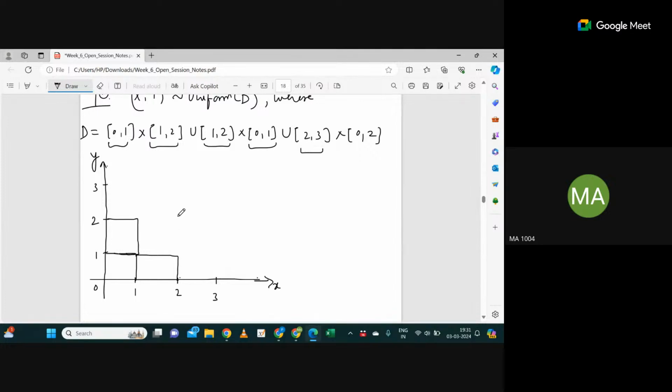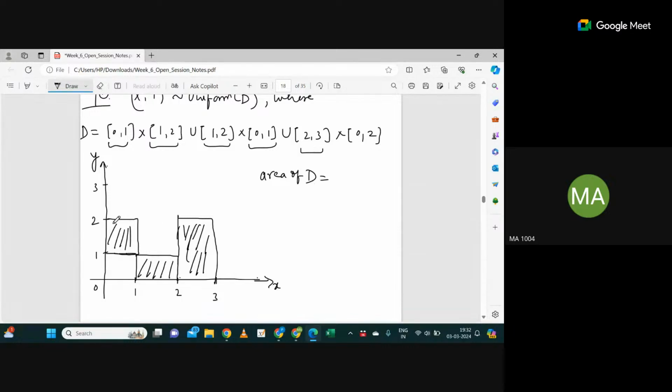That means this one, correct? So basically these are the regions where we have to focus. Yes or no? So this is D, right?